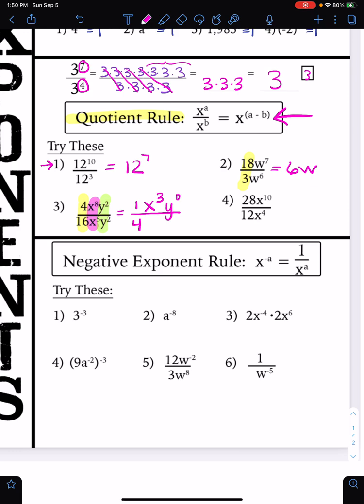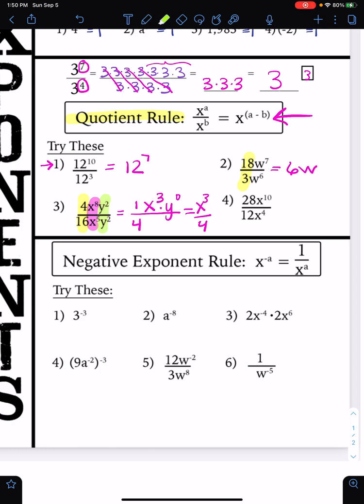So that's 2 ways of proving that y to the 0 power, or y squared over y squared, is 1. So let's simplify my answer here. I don't have to write a coefficient of 1, so I'm going to take that off. I don't have to write times 1 on the end of anything, so I'm going to take off the y. So my best, most simplified answer would be y cubed over 4.